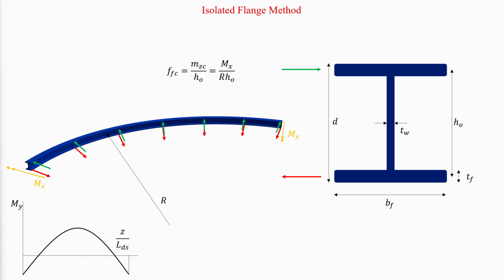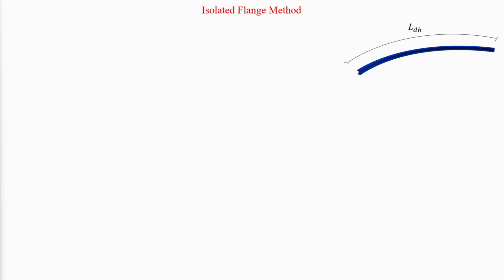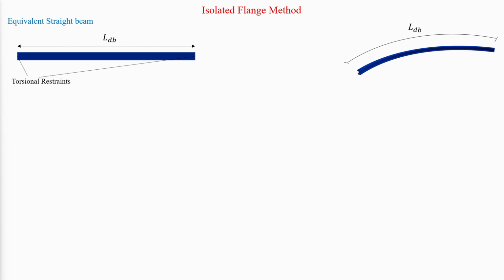The moment diagram for the equivalent straight beam isolated flange is based on a fixed uniformly loaded beam. The basic steps for the isolated flange method are: construct the primary moment diagram for the equivalent straight beam segment between points of torsional restraint LDB.